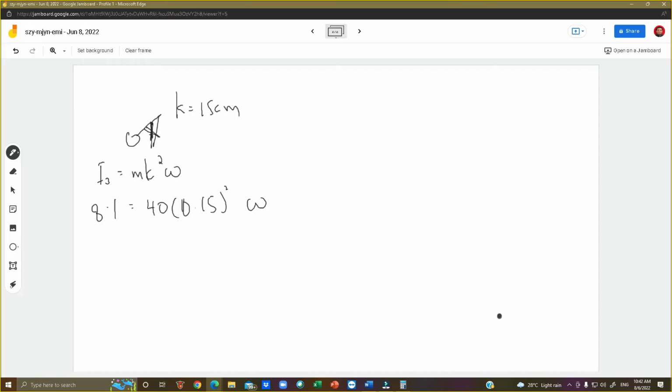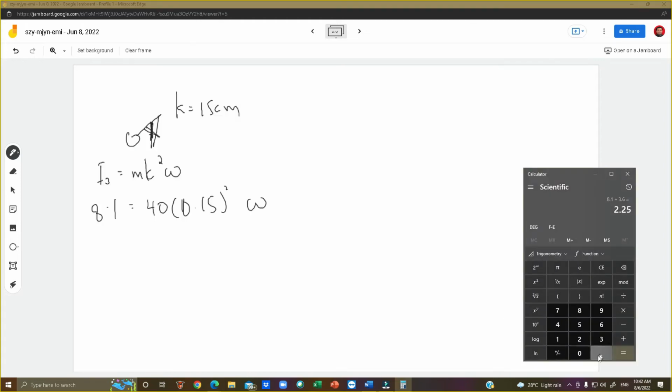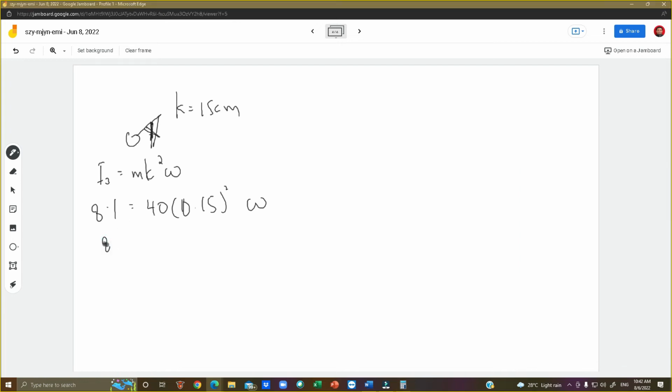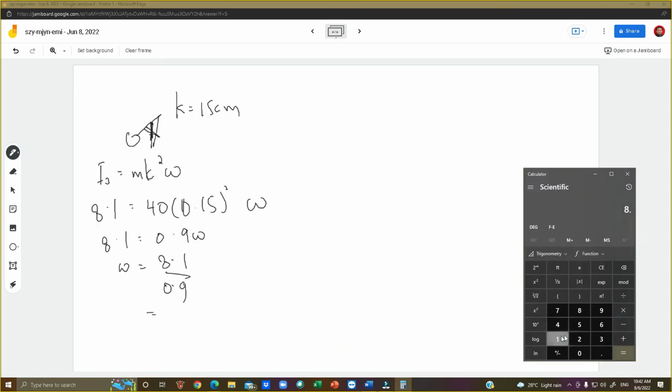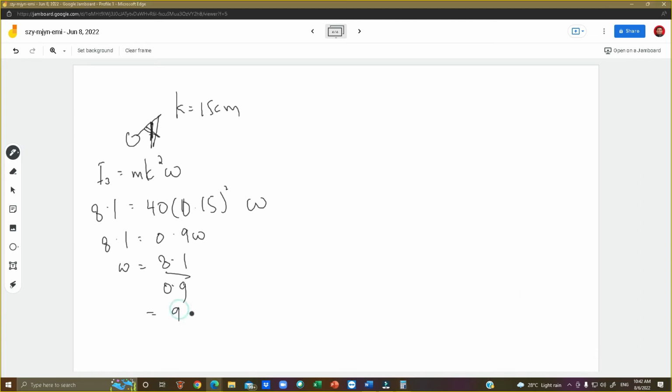So 0.15 squared times 40, we have 0.9. 8.1 equals 0.9 omega, and omega equals 8.1 over 0.9. We have 9 radian per second.